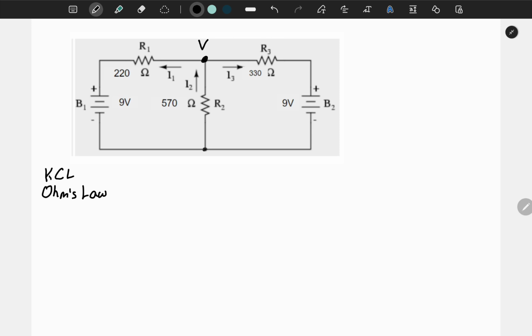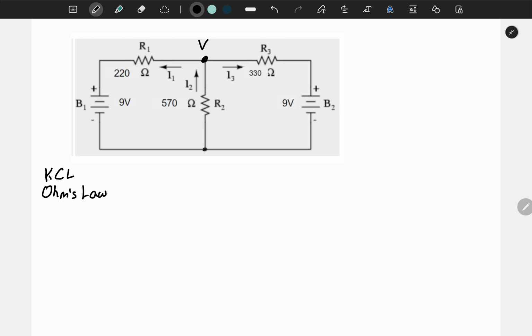Now KCL is where a lot of people get confused and stuck when they first start doing nodal analysis. KCL, or Kirchhoff's current law, is honestly very straightforward. It's just weird until you get used to it.